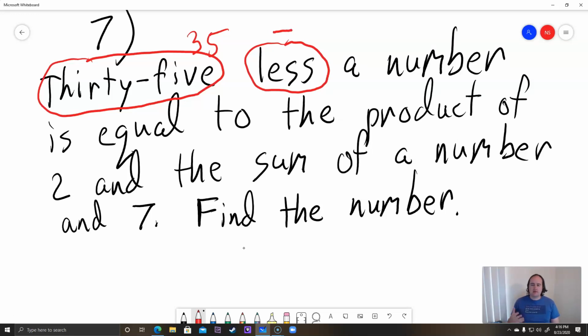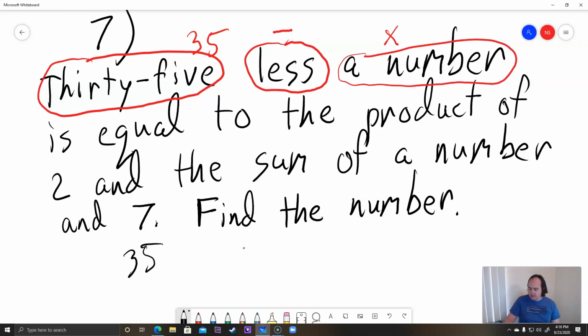Okay? It's only with the subtracted from. With subtracted from, you actually do switch the order, but with difference or less, you subtract in order. Okay, so this is going to be 35 minus x. Okay, because the number is x. All right, so far we have 35 minus x.